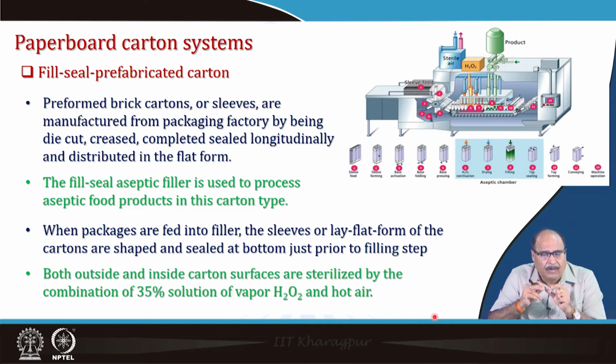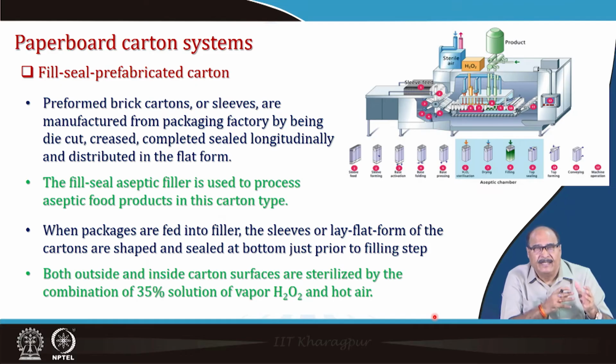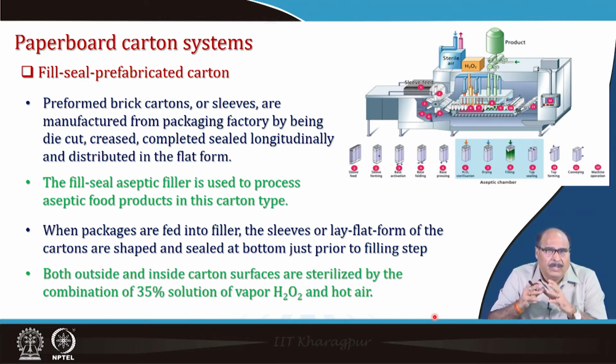Here the pre-formed brick cartons or sleeves are manufactured in the packaging factory by being die cut, creased, completed, sealed longitudinally and distributed flat. The fill seal aseptic filler is used to process aseptic food products in the carton type.